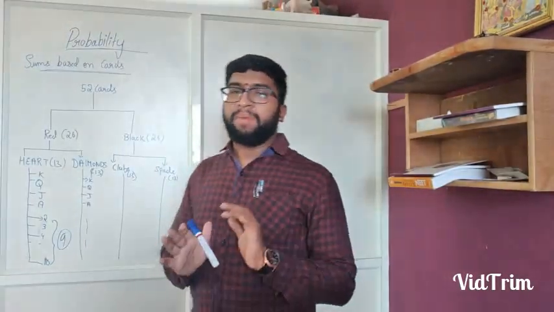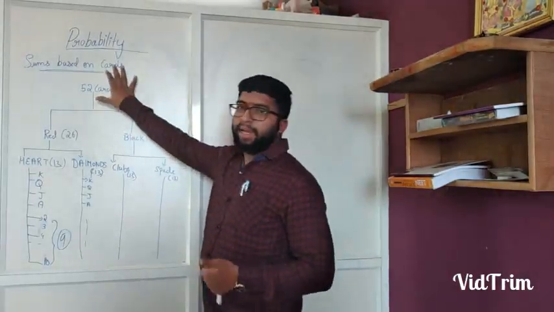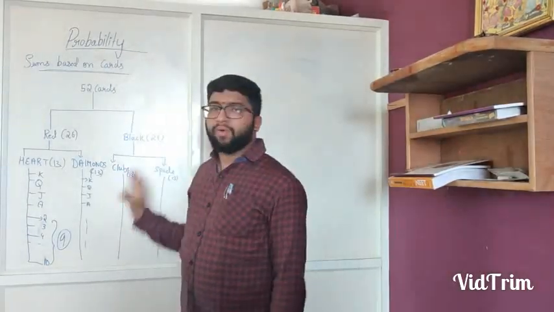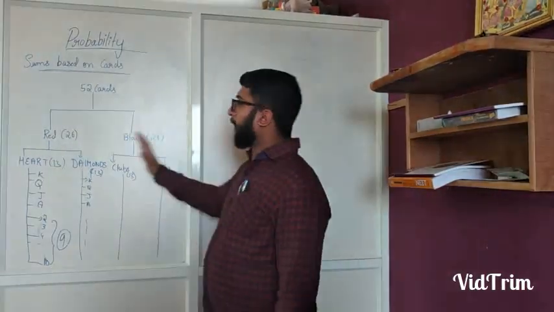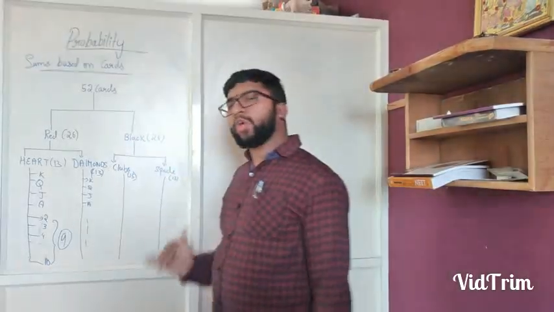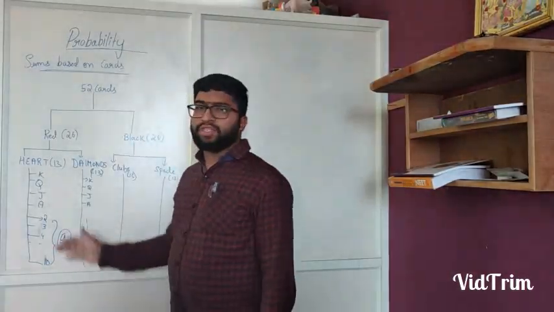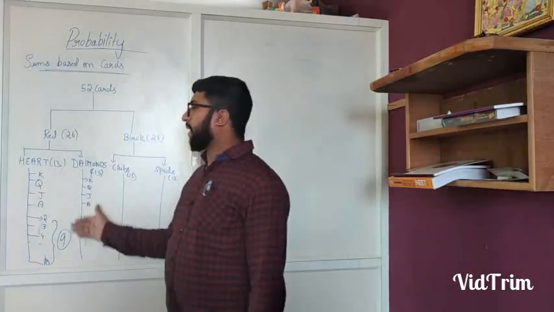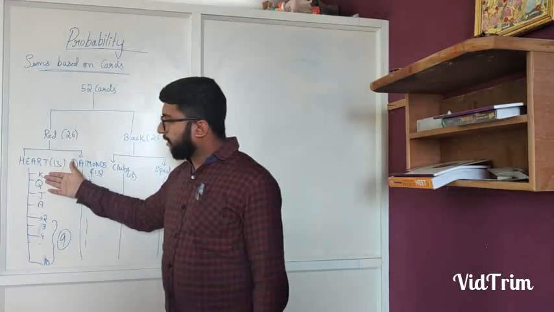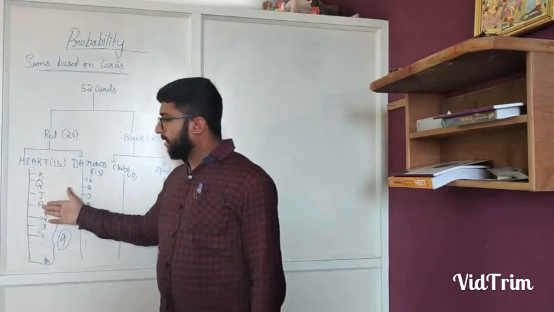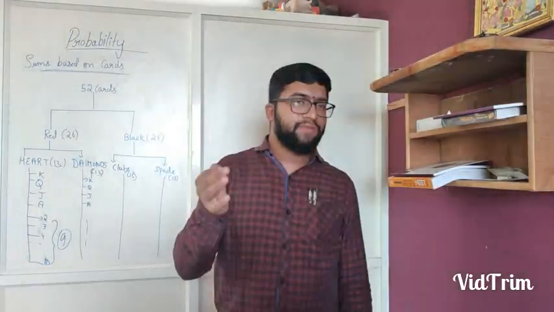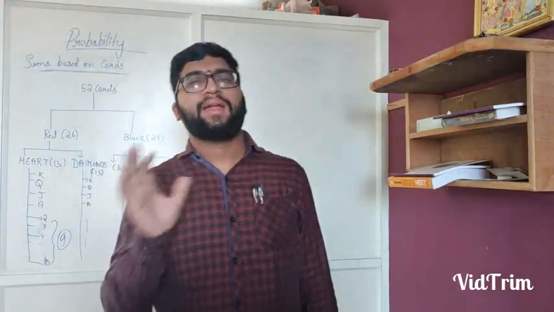So remember, friends, 52 cards are there. Among those 52 cards, 26 will be red and 26 will be black. Among the 26 red cards, you'll be having 13 hearts and 13 diamonds. In the 13 hearts, you'll be having a king, a queen, a jack, an ace, and the number cards starting from 2 and ending at 10.